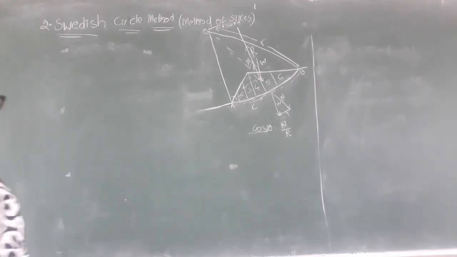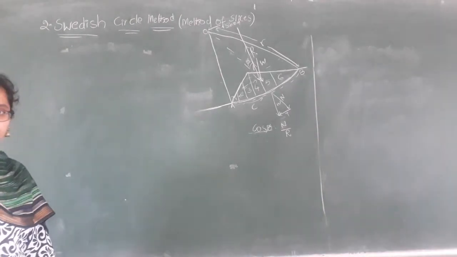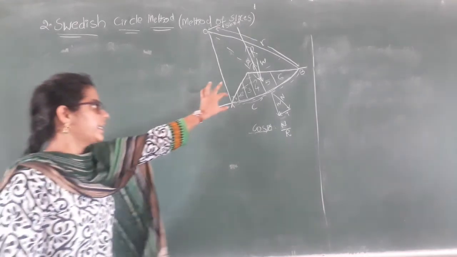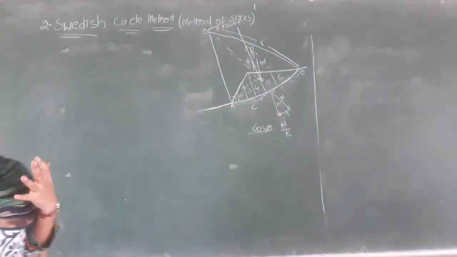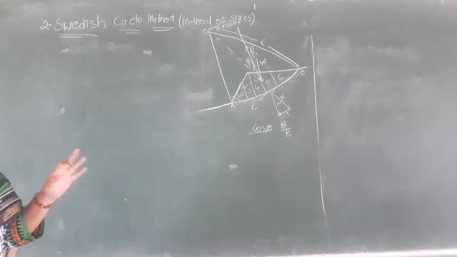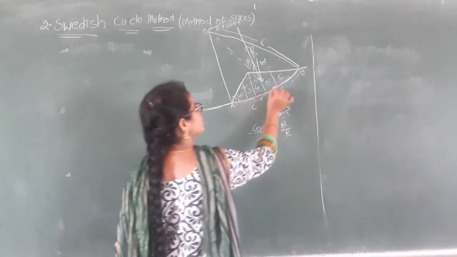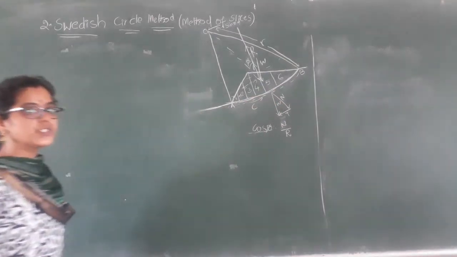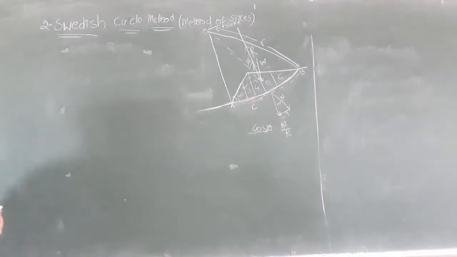So whatever the factor of safety that we have seen till now, that is the factor of safety for a single slice. So let us calculate the factor of safety for the entire wedge or the entire slip surface, entire trial slip surface.